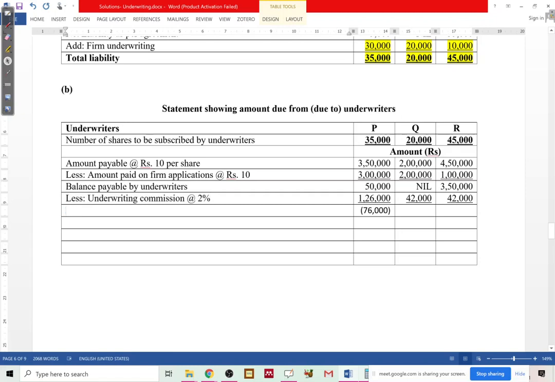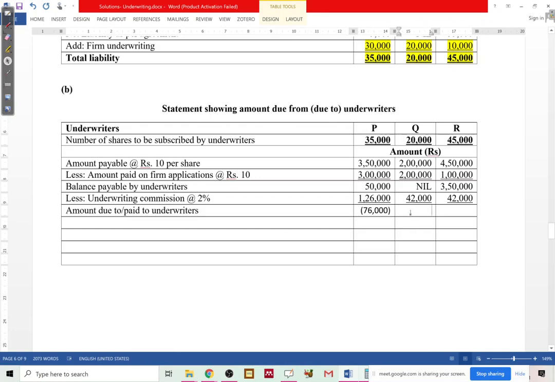So this 76,000 is amount due to, or we also say paid to underwriters, meaning 76,000 the company should still pay more to the underwriter. How? The commission which the company is supposed to pay the underwriter is 1,26,000. Fine. But underwriter is also supposed to pay some 50,000 to the company. So if you set it off, the balance 76,000 is payable to the underwriter, not from. It is payable to the underwriter.